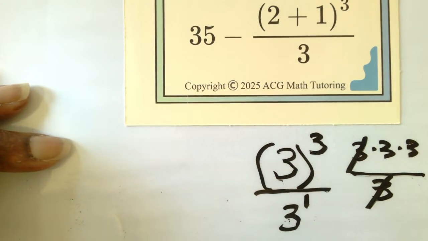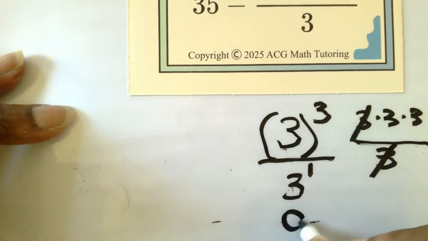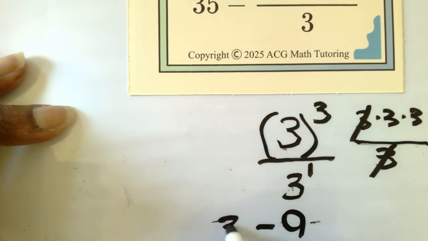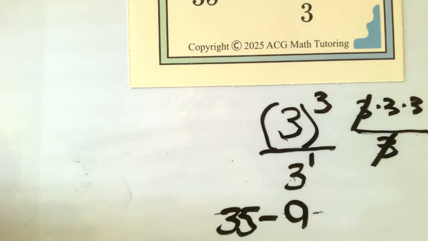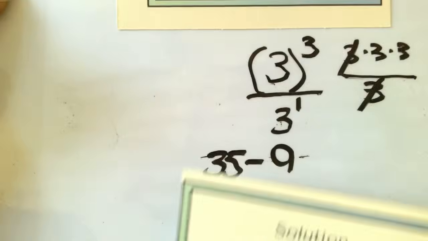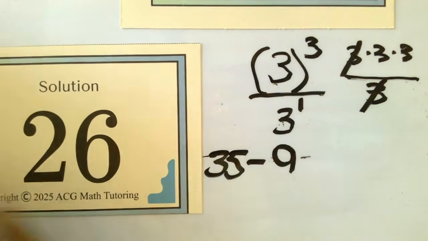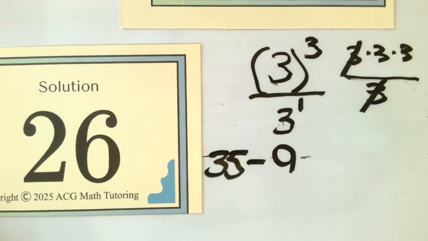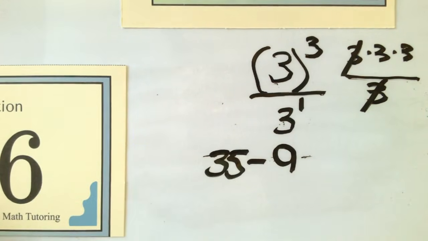So that will give you 3 to the 2nd power, which is simply 9. And then you have your 35 minus your 9, and that will give you your 26. Okay? All right. Oh, sorry. Not 26. What am I doing? 35. No, that's 26. I'm still sleeping.